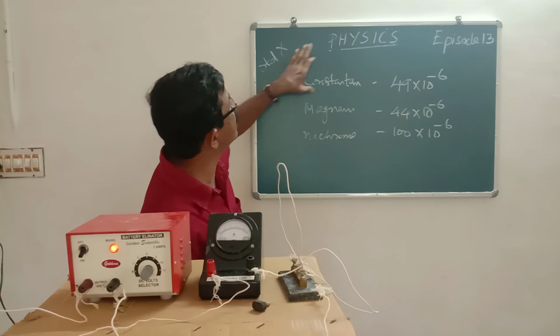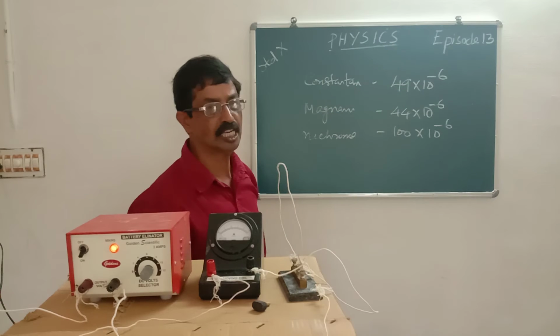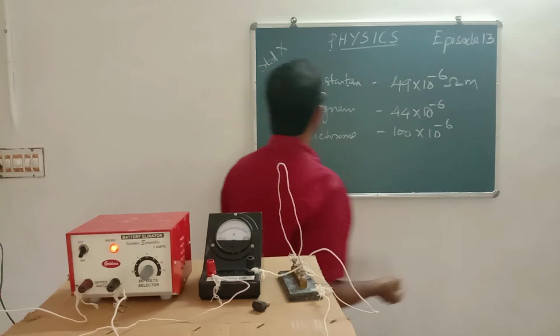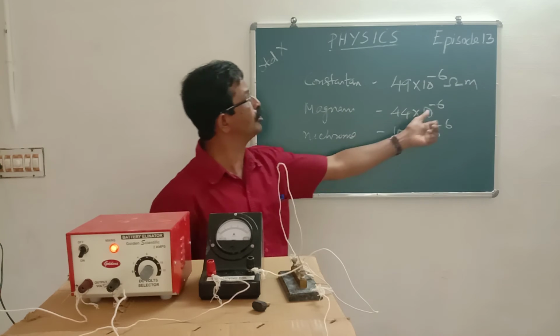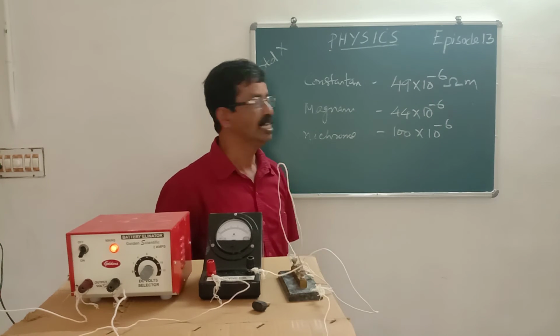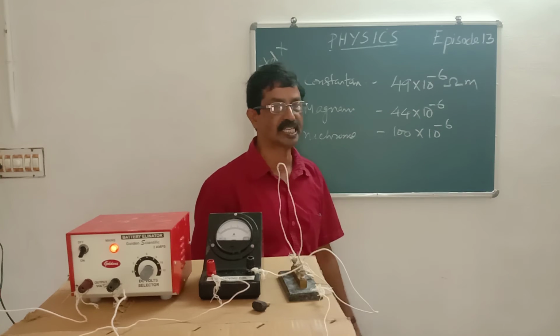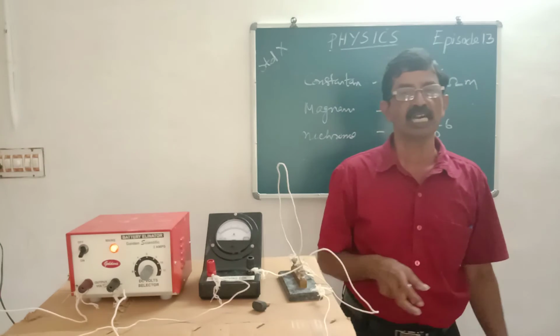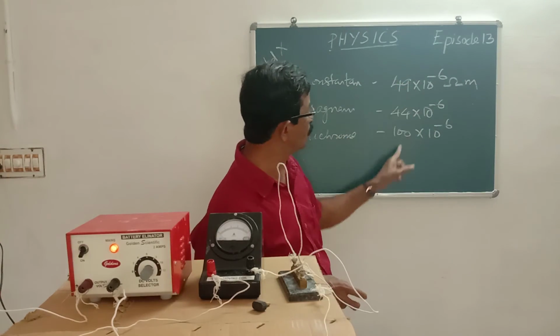For constantan, it is 49 into 10 raised to minus 6 ohm meter. For manganin, it is 44 into 10 raised to minus 6. For nichrome, it is 100 into 10 raised to minus 6. See, the resistivity of these is more compared to metals.